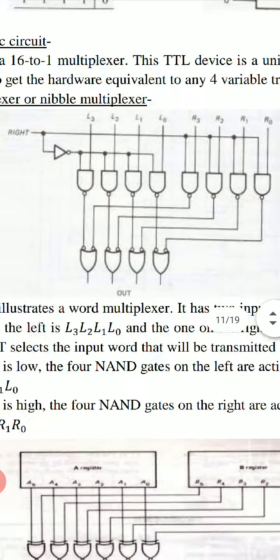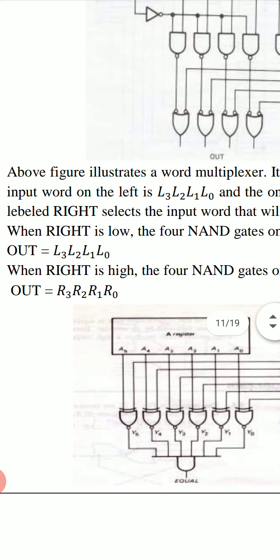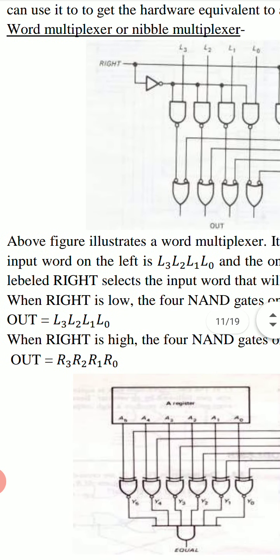And we can see that if write is low, then we get this output OUT as L3, L2, L1, L0, that is the word at left.